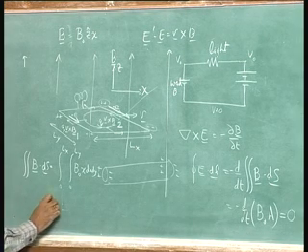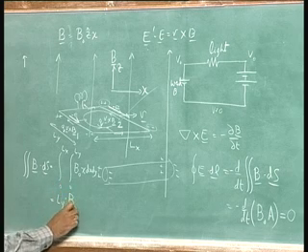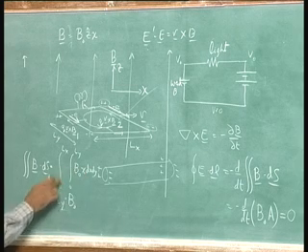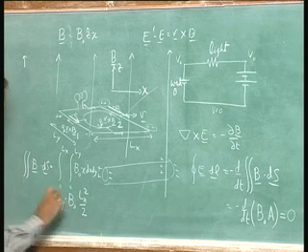And so, it becomes Ly times B naught times integral of x dx from 0 to Lx, which is Lx squared over 2.